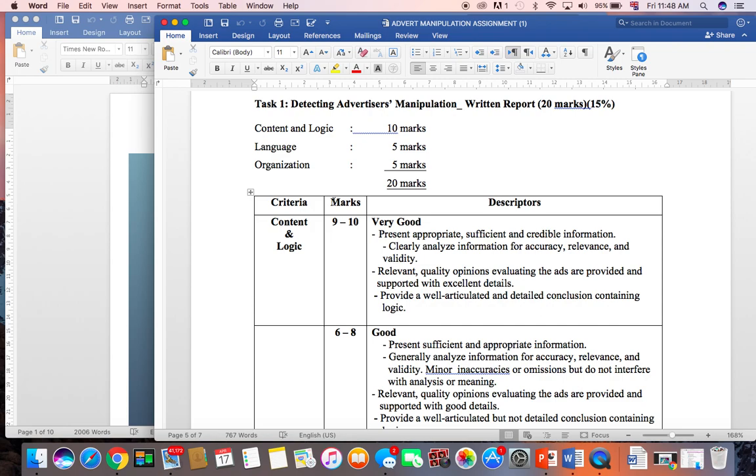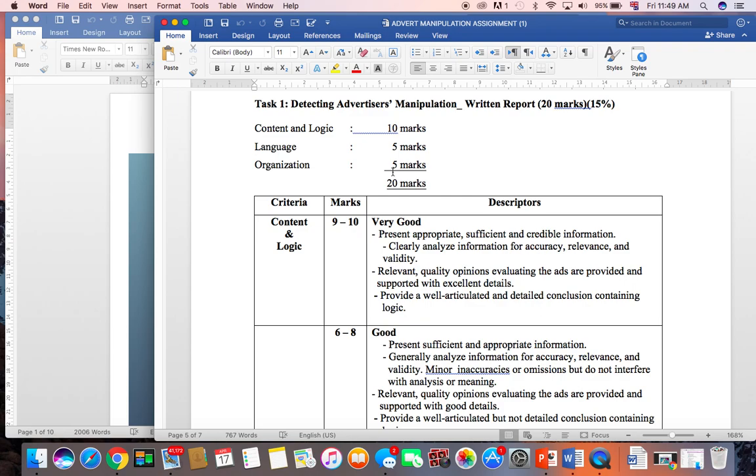I'm not a native speaker, but we need to have the essential language in order to get the message across, and being able to understand what you want to say is also important. That is why we have allocated 5 marks on that. Now, this 5 marks will not include very, very fancy language, but rather we're looking at how much we can understand you. Okay, and lastly, organization.